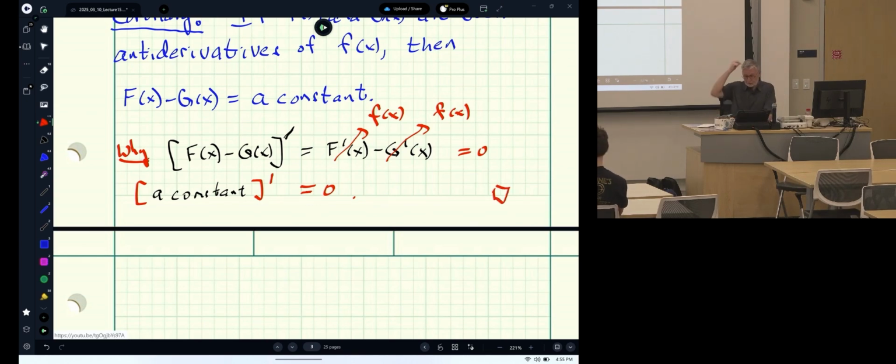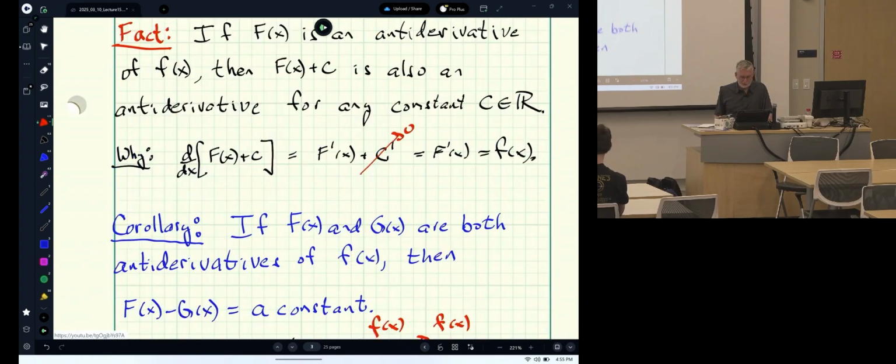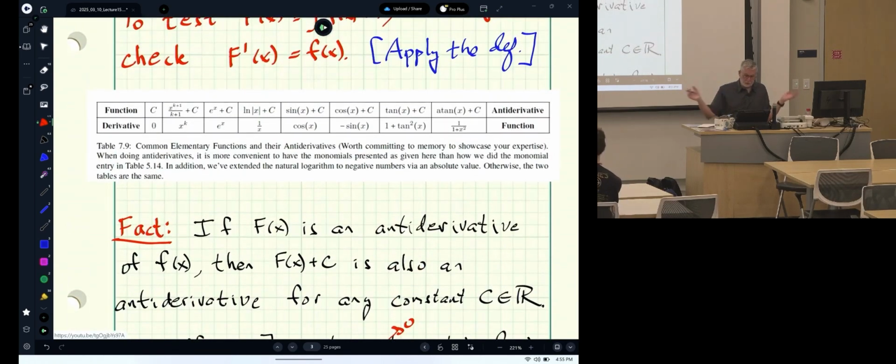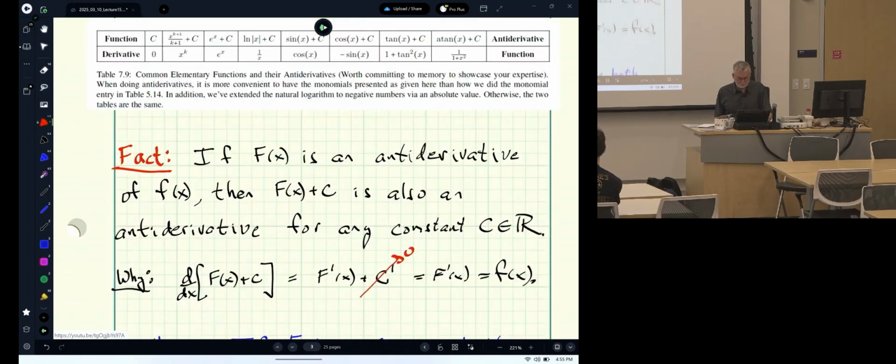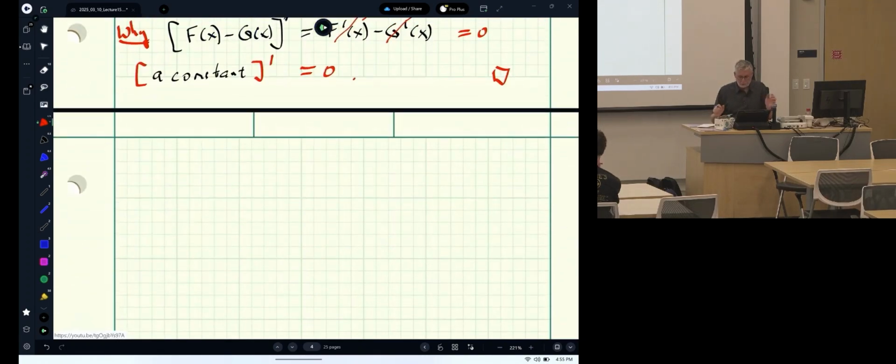Any two antiderivatives of a function are identical up to an arbitrary constant. And that's why we had these constants up here. It can't be a more complicated function like c of x, because c prime of x then would not be 0, and the two things would not be antiderivatives of the same function.